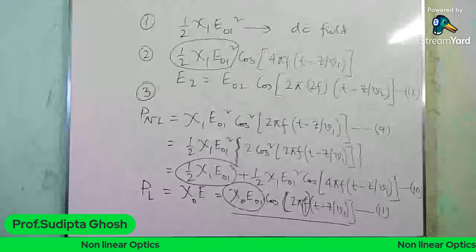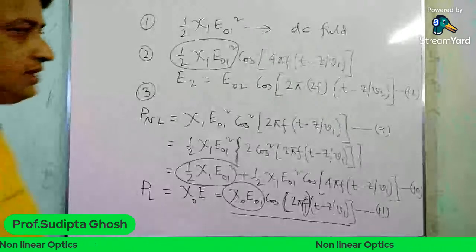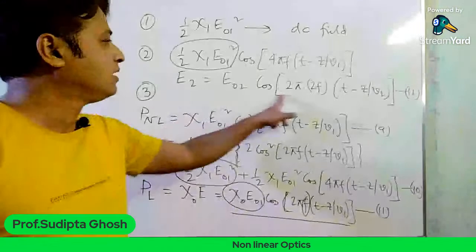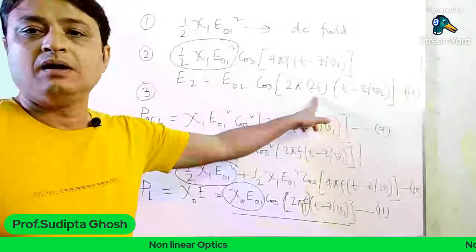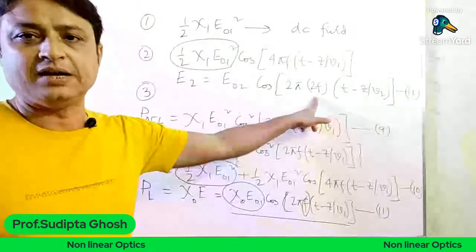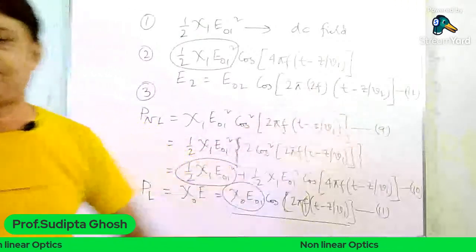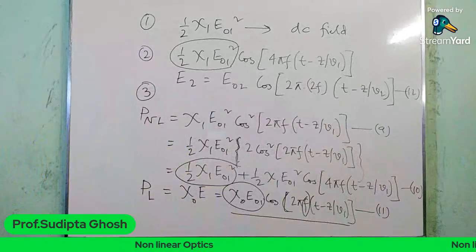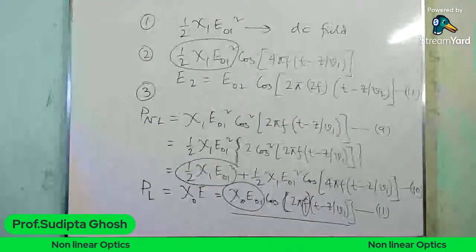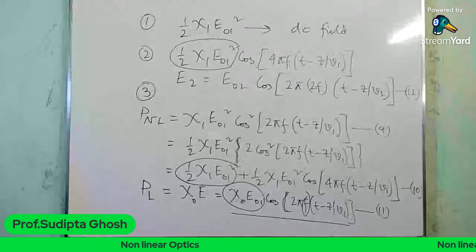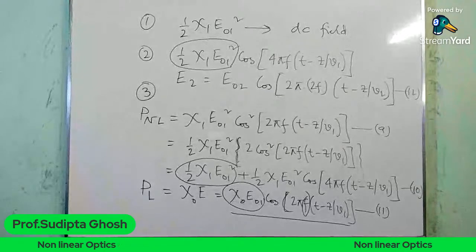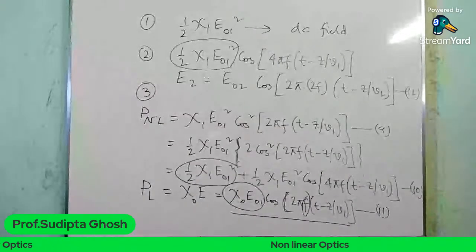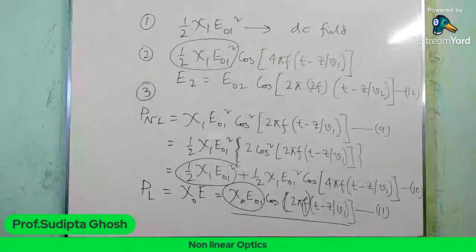The secondary wave which I have talked about here, which has double the frequency of the incident wave, that is twice f, this particular secondary wave is called the second harmonic wave. This type of nonlinear material may produce second harmonic generation of light.